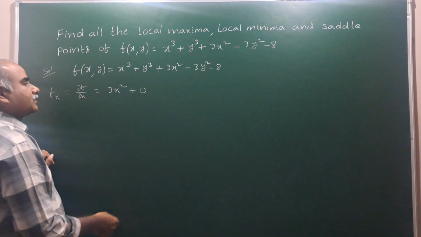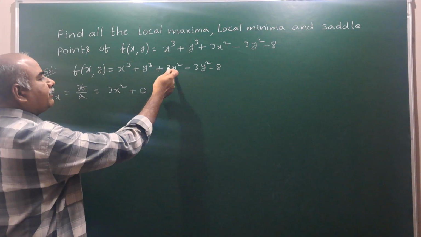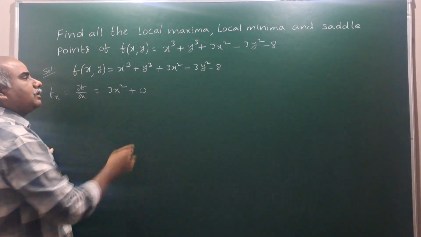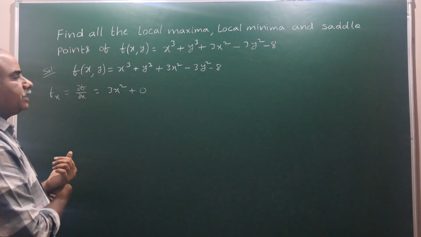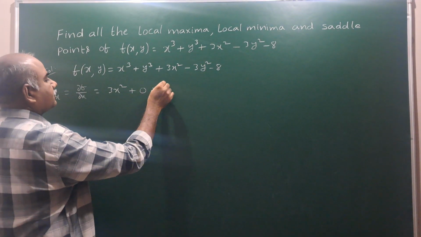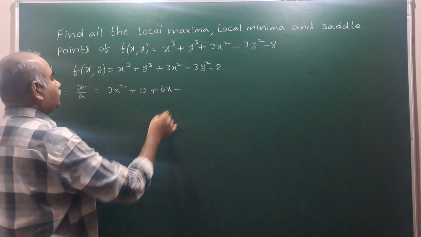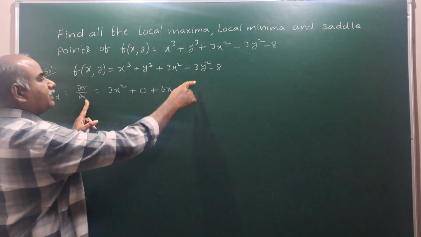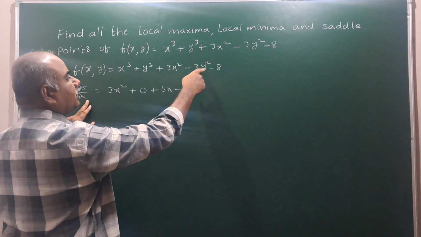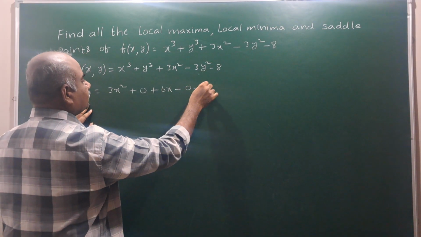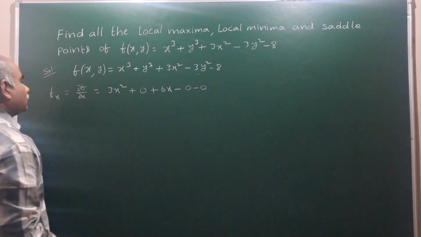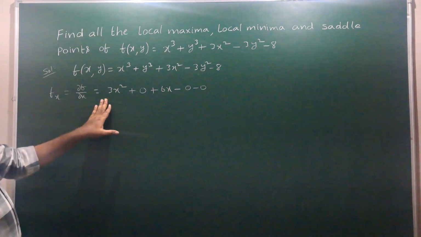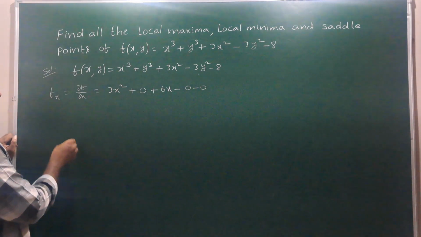The derivative of 3x²: 3 into the derivative of x², which is 2x, so 3 into 2x gives 6x. With respect to x, 3y² is completely constant and 8 is also constant, so their derivatives are 0. Therefore fx is equal to 3x² + 6x.